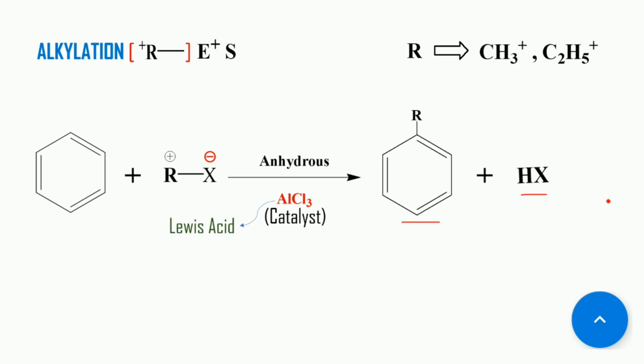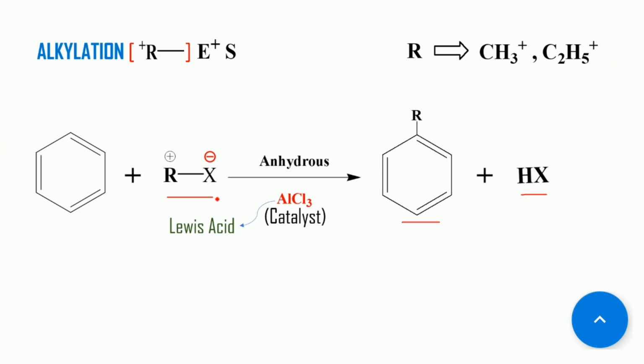I just showed you a single step reaction without using any proper reactant. Let's go for its mechanism to understand our topic, that is alkylation, better, with a proper example.